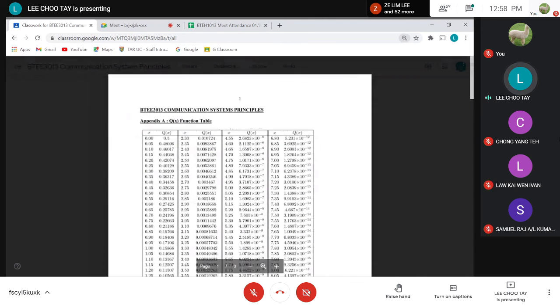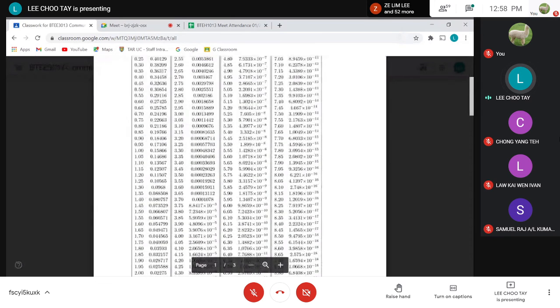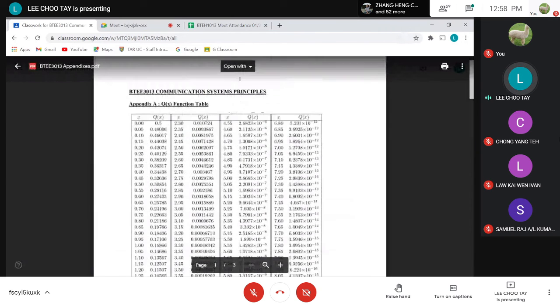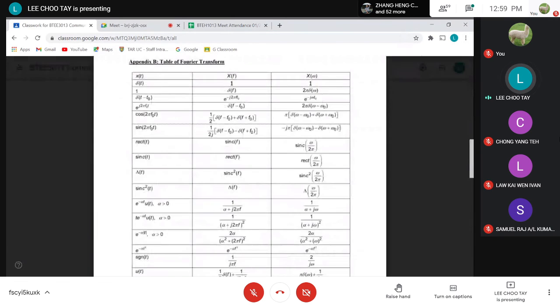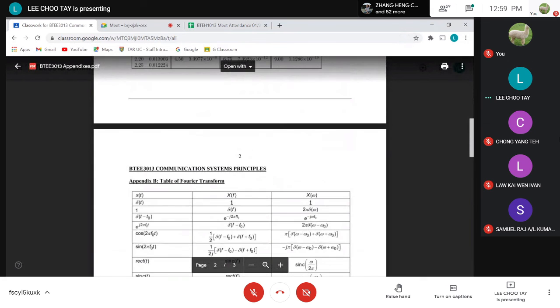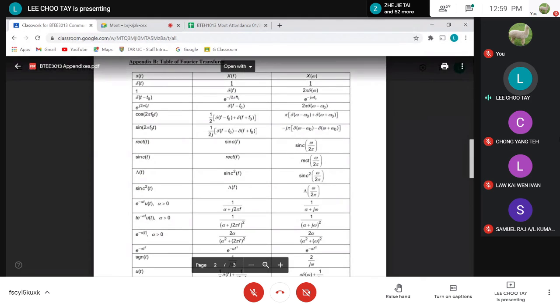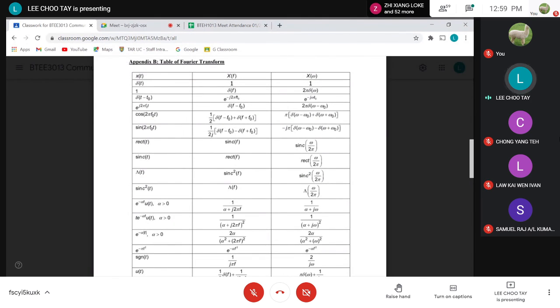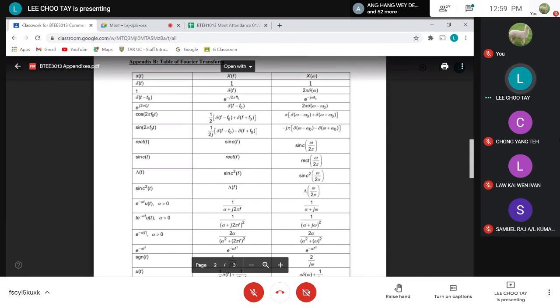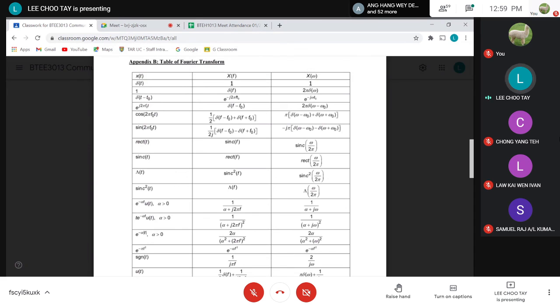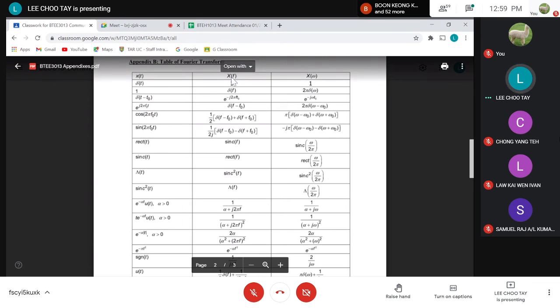As far as the appendix is concerned, this is the standard appendix: you have appendix A, B, C, and D. But for this chapter, you can make use of the table of Fourier transform, appendix B. It shows you the Fourier transform for a cosine signal, in F and in omega.